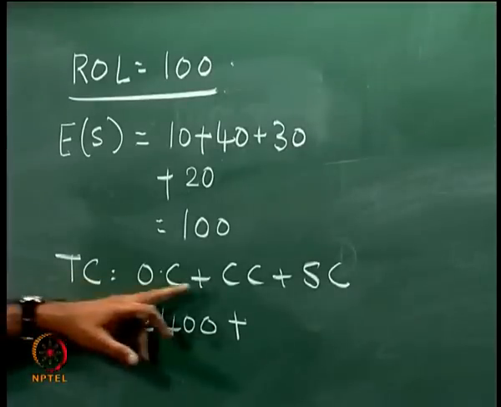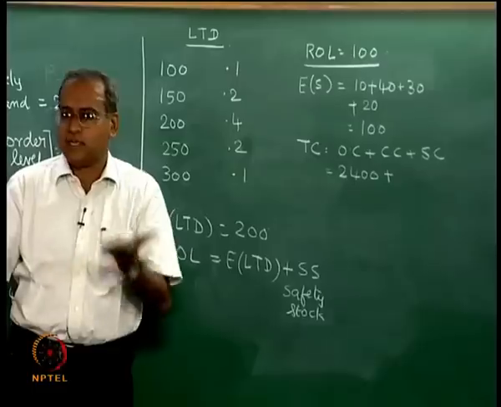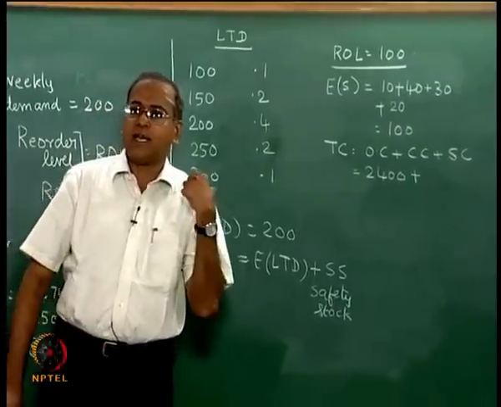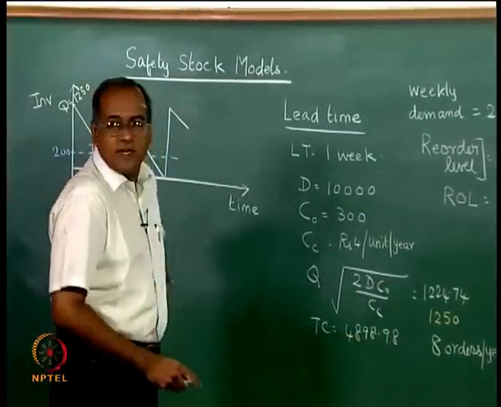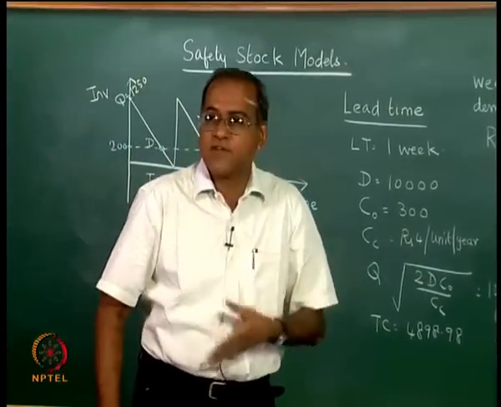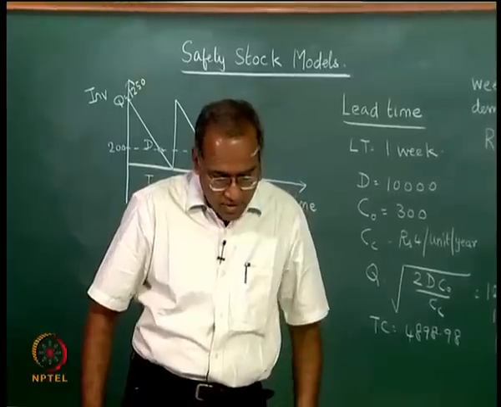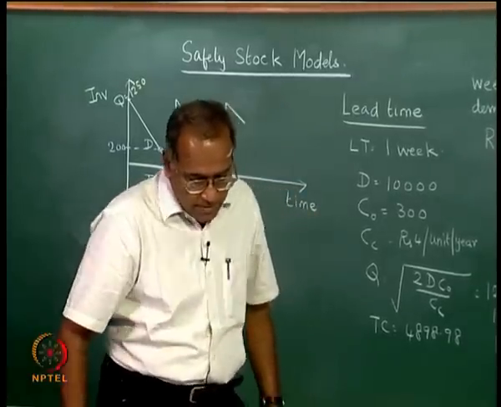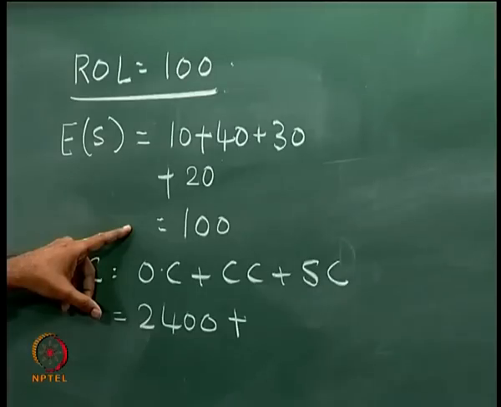Now, what is the inventory carrying cost? The cycle inventory that we will carry is Q by 2, that is the expected inventory. Normally, expected inventory is Q by 2. Now, in this case, the actual cycle inventory will be Q by 2 plus the safety stock that we have. So, in this case, we will have Q by 2 minus 100, because there is an expected shortage of 100 every time.